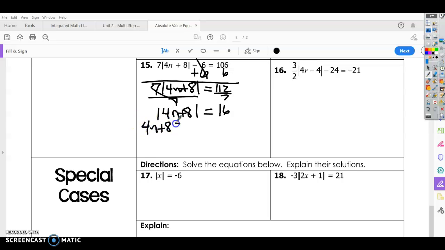4n plus 8 equals 16. 4n plus 8 equals negative 16. Subtract 8. 16 minus 8 is 8. Divide by 4. n equals 2.